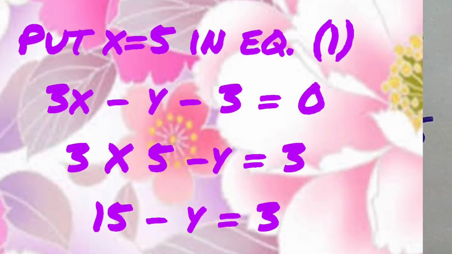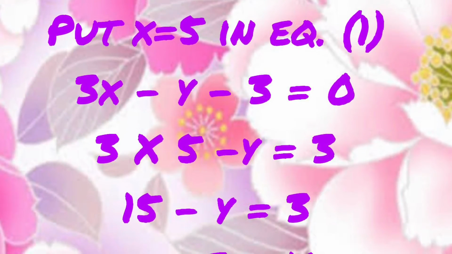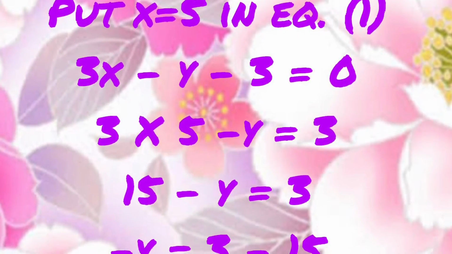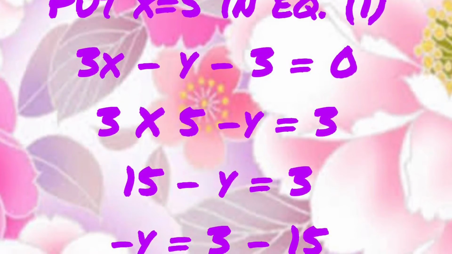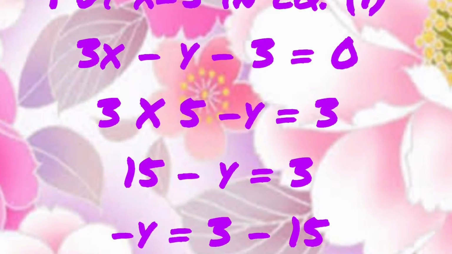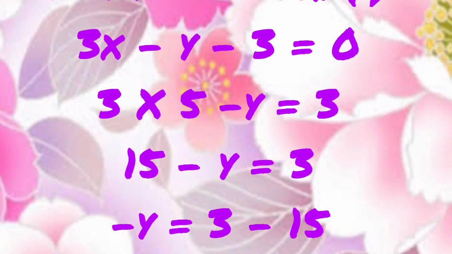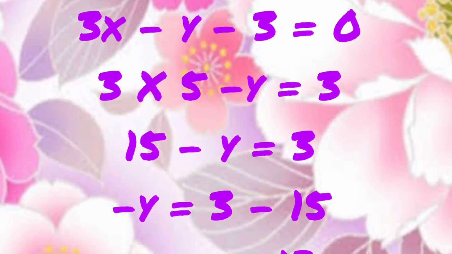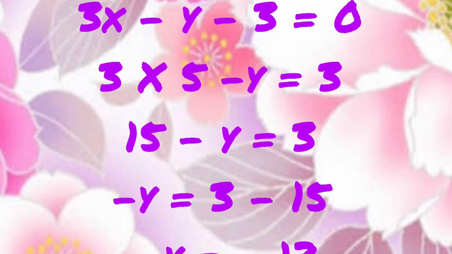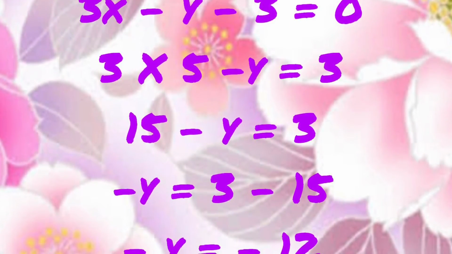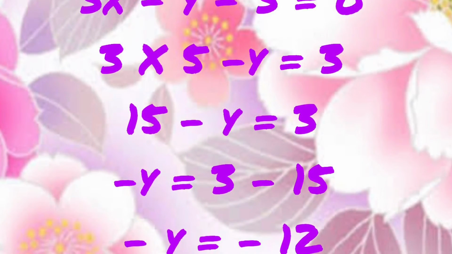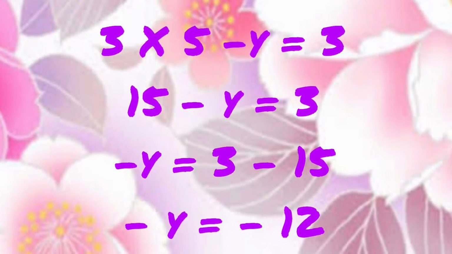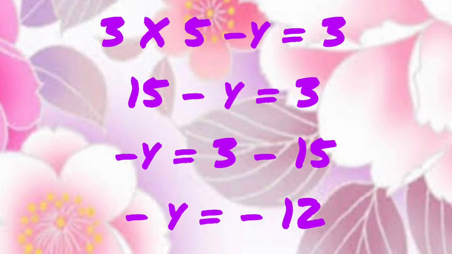Now put x equal to 5 in equation number 1, that is 3x minus y minus 3 equal to 0. Minus 3 will be shifted to right hand side. 3x means 3 into 5, minus y equal to 3. 3 into 5 means 15 will be shifted to right hand side and would become minus 15, and minus y will remain as it is on left hand side.